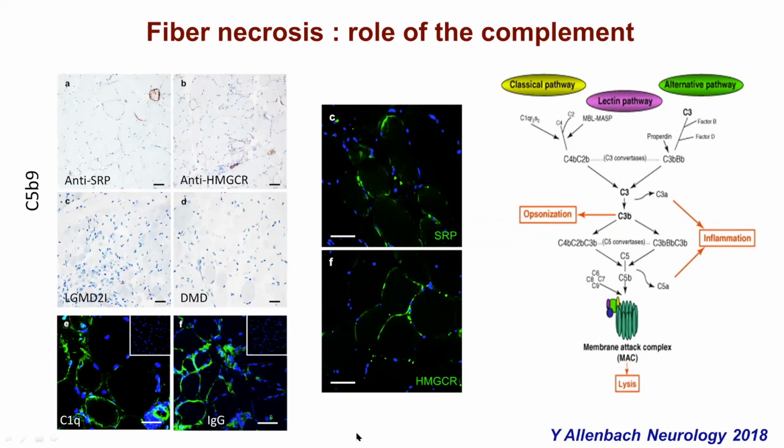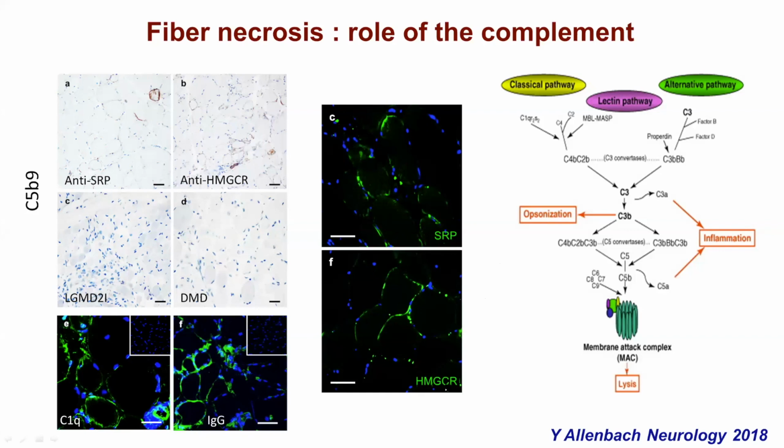We used plasmapheresis from very severely affected SRP or HMGCR patients, and from this plasmapheresis we specifically purified the anti-SRP or anti-HMGCR antibodies in a column charged with recombinant SRP protein or recombinant HMGCR protein. Then we can immunostain our biopsies by immunohistochemistry, showing some fibers decorated by the anti-SRP and anti-HMGCR.